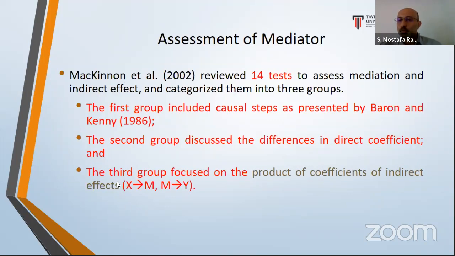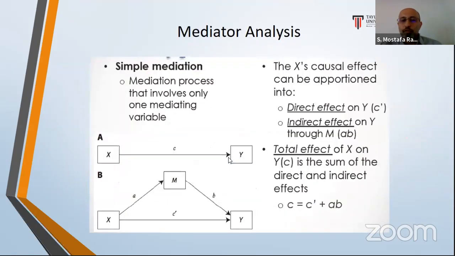The third group focuses on the product of coefficients of the indirect effect, the AB term. This AB term is called indirect effect. The third group assesses the significance of this term.